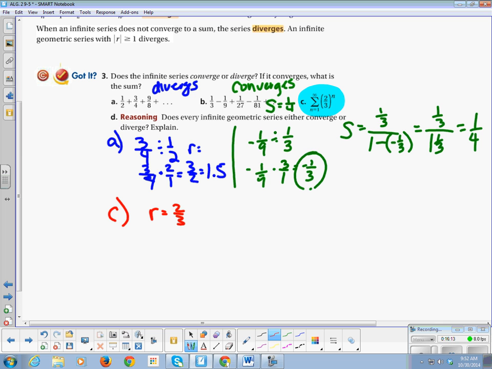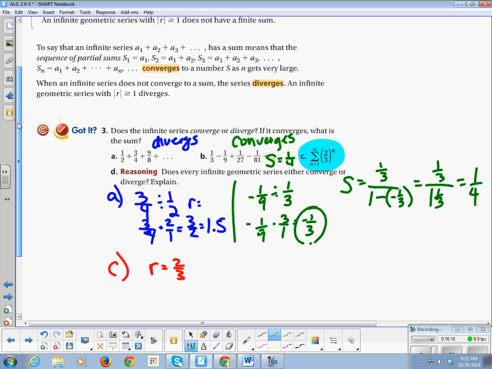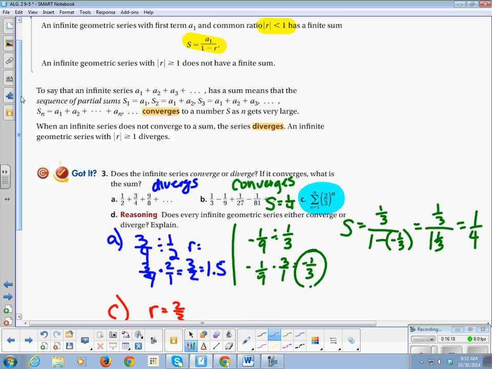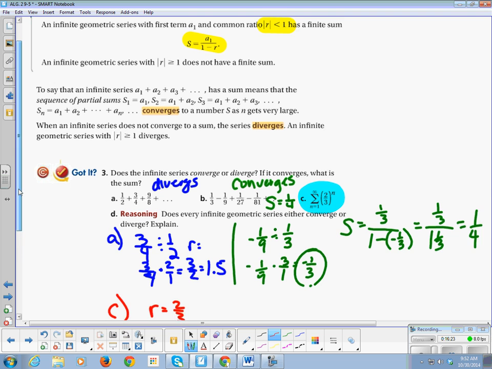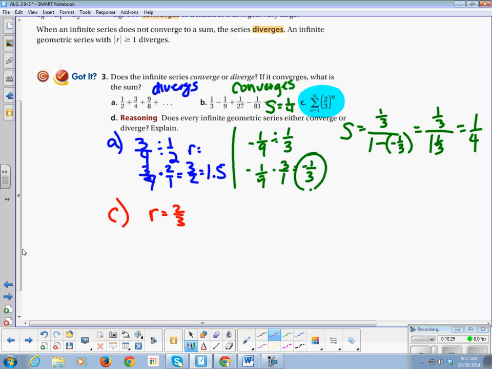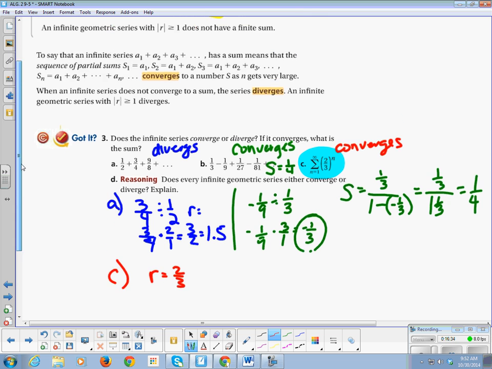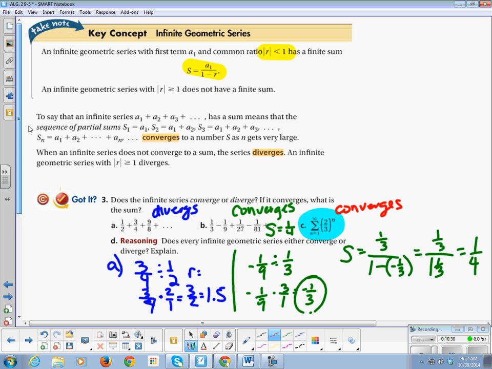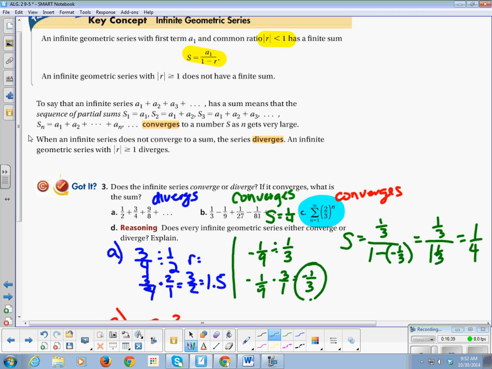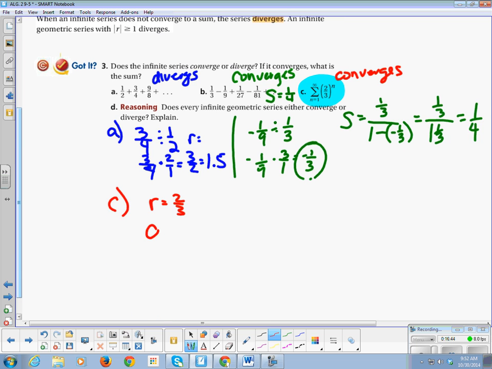Identify that, compare that to, is the absolute value of that greater than or equal to 1 or less than 1? 2/3 is less than 1, so this one definitely converges, so we're going to find the sum. And like we took notes on up here, we're going to need the first term and then the common ratio, and we're good to go. So the first term is what we get when we plug in 1 for n.